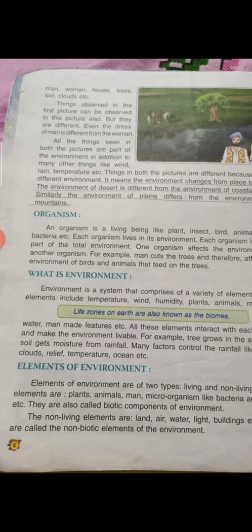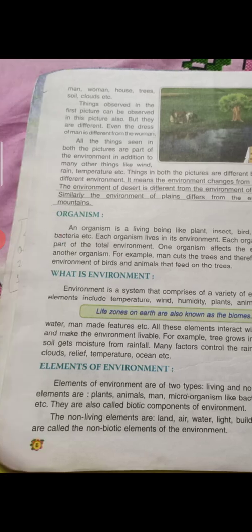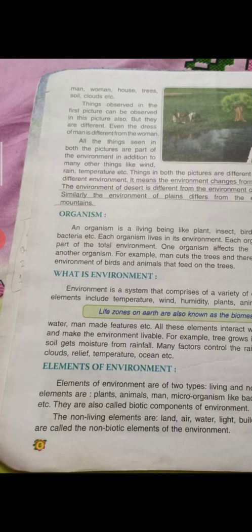What is environment? Now, environment is a system that comprises a variety of elements. These elements include temperature, wind, humidity, plants, animals, man, soil, water, man-made features, etc. All these elements interact with each other and make the environment livable. For example, a tree grows in the soil and gets moisture from rainfall.